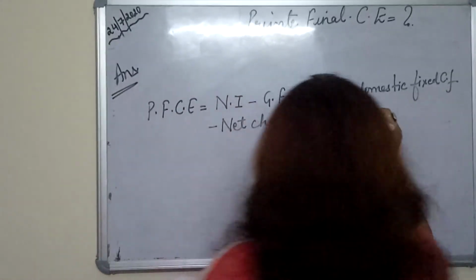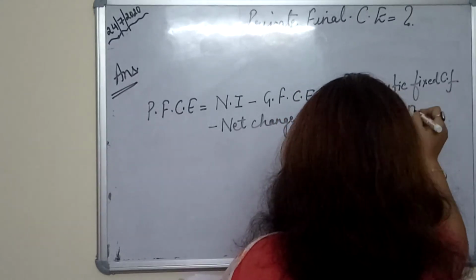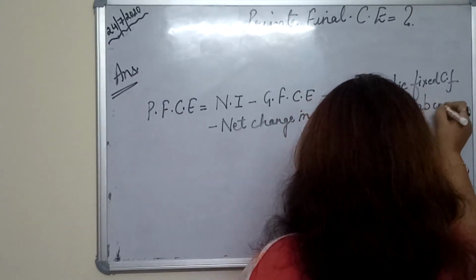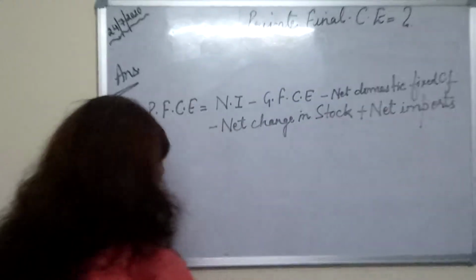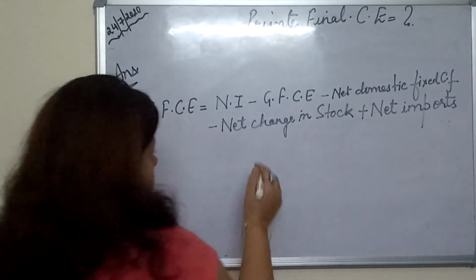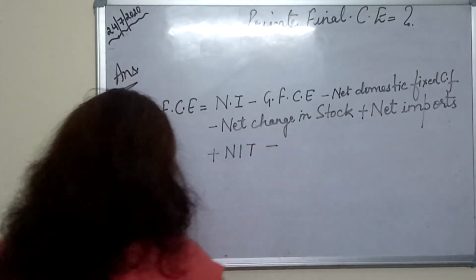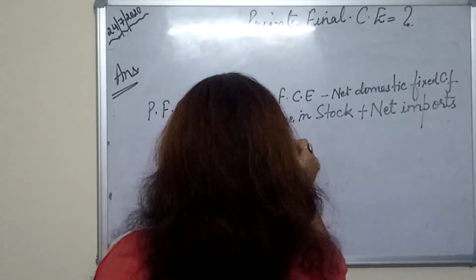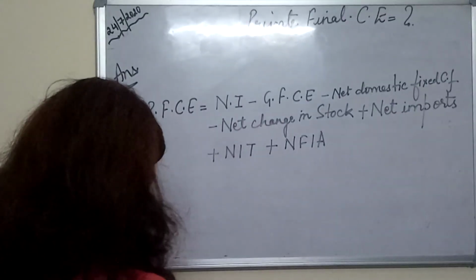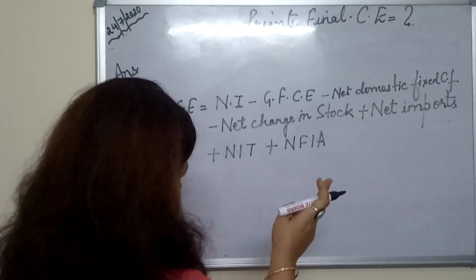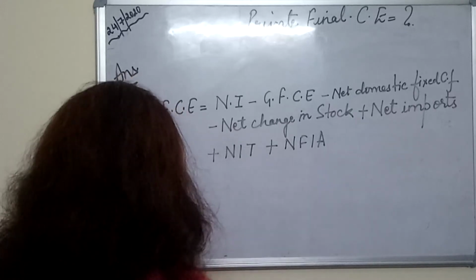Now, why are we adding exports? It is not exports, we are adding net imports. Here, just keep in mind we are adding the imports, plus net indirect taxes, plus we will be doing NFIA. I hope everything is involved. We have taken net change in stock, net imports, NIT and NFIA.